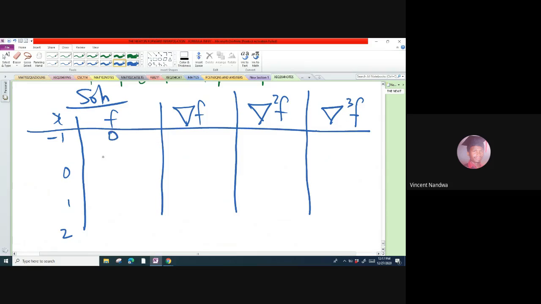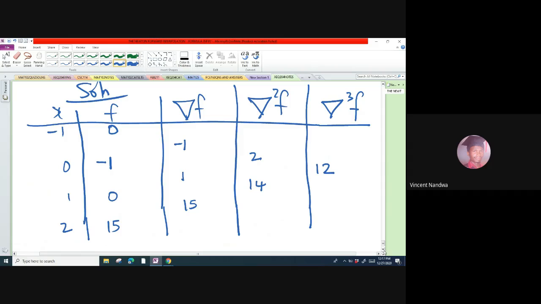Then 0, -1, 0, and then 15. I remember the way we get the differences is just the same, whether you are drawing a forward or backward difference table. So here we have 15, we have 1, we have -1. So this will be 14, this will be 2, and then this becomes 12, just as we have seen in the first case. So these are the differences.